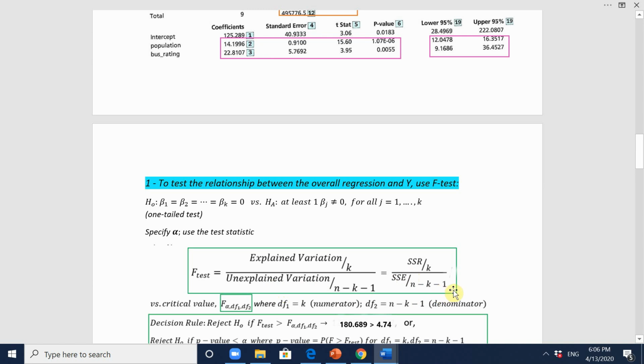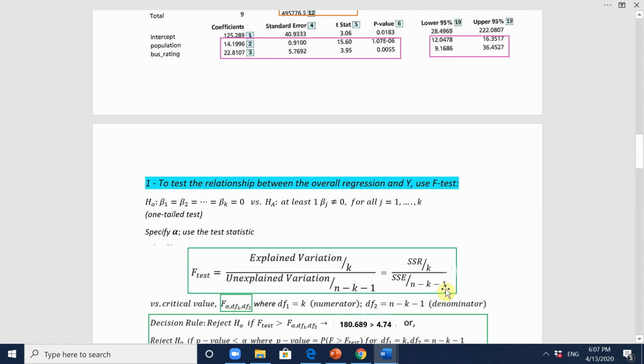So if I've got 10 observations in my sample, and I'm using two independent variables, x1 and x2, in this denominator I'm dividing my SSE by 10 minus 2 minus 1. The minus 1 is to make up for the beta naught point estimate that I must use as well in my multiple regression model.